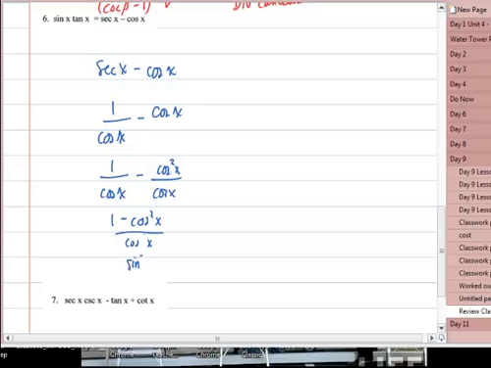Recognize that the numerator is sine squared of x from Pythagorean identity, and that's over cosine of x.